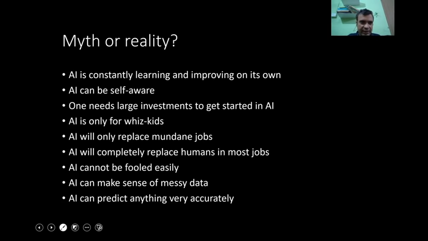Let's talk about these. AI is constantly learning and improving on its own, right? So that is a myth. There is a class of learning algorithms called online learning, but most of the AI is not constantly learning.